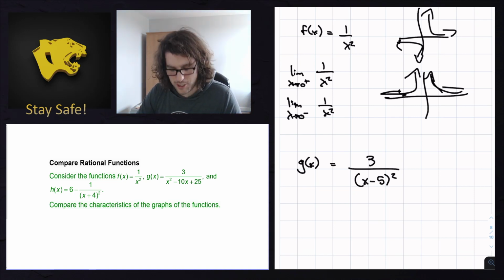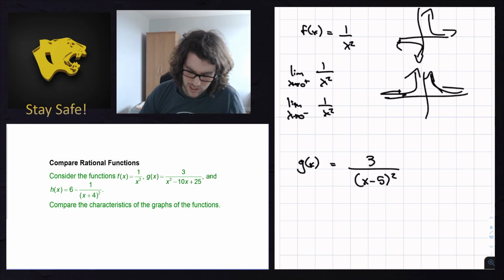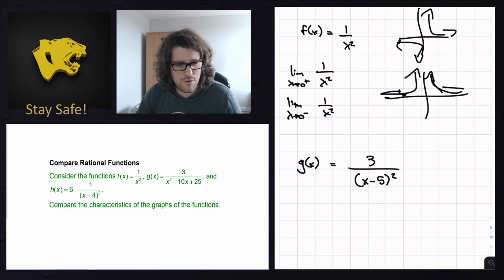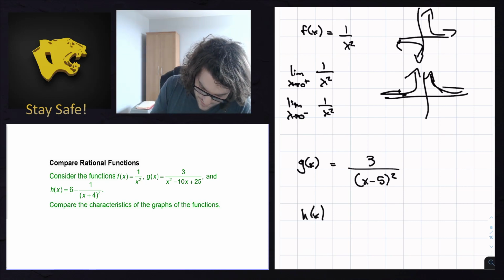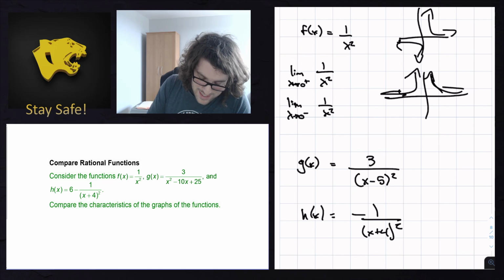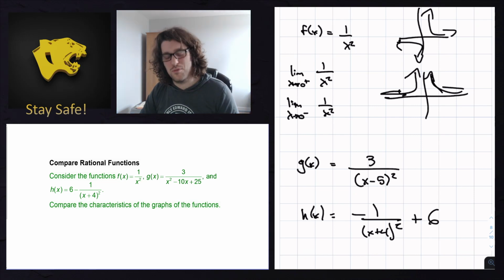So transformationally, this is a shift of 5 units to the right and then a vertical stretch of 3 units over the original function. So it's going to have a lot of similarities. And then for h, just for ordering's sake, I'm going to write the second term first, the fraction part, and then plus 6, because it's in the same order as we would normally see transformationally.